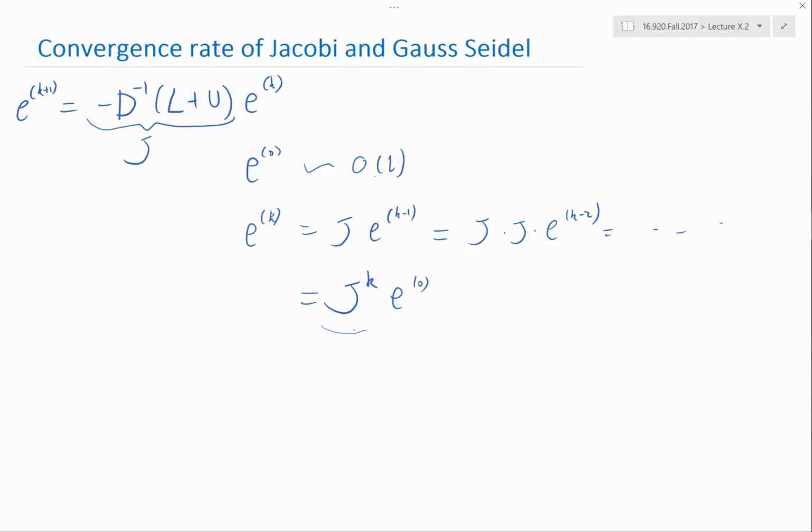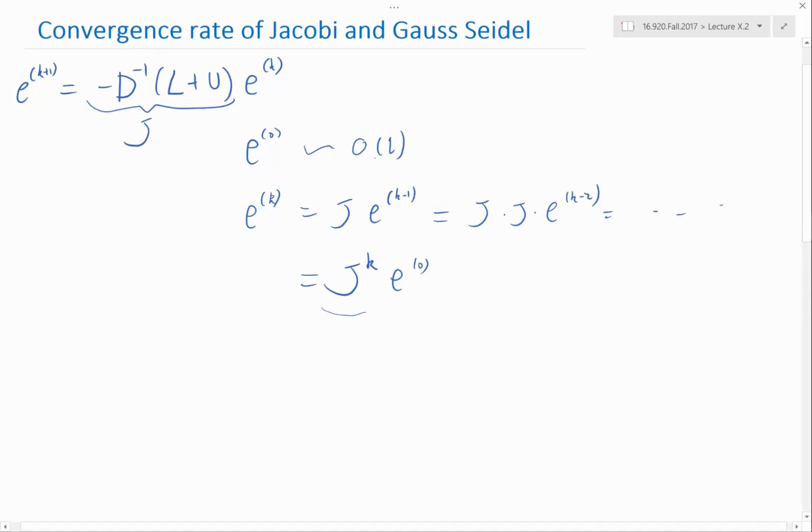And we have said that usually, now, what is the magnitude of J^k, J to the kth power? How do we estimate it? What does it depend on? Yeah, the largest magnitude eigenvalue, right? Or the spectral radius.